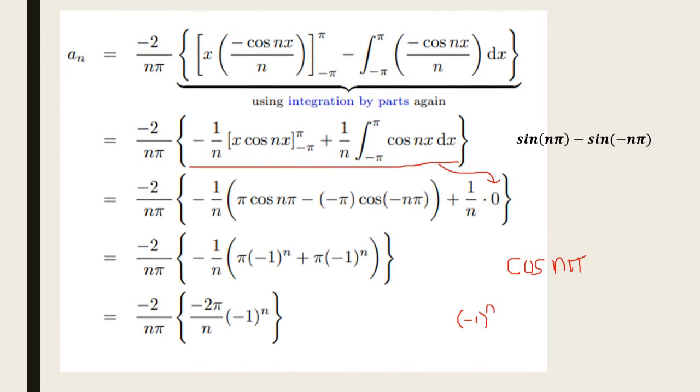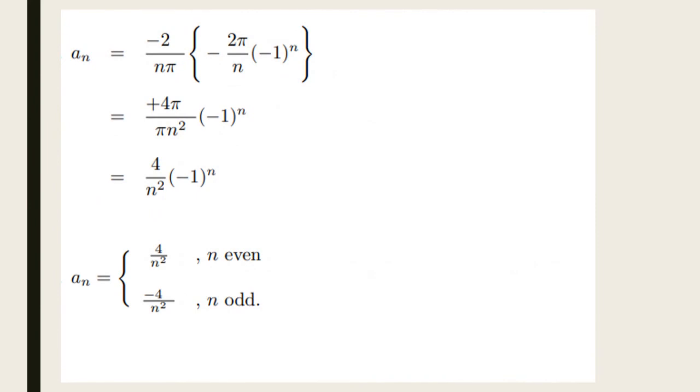So that's why we have here pi times negative 1 raised to n plus pi times negative 1 raised to n. Finally, we have negative 2 over n pi times negative 2 pi over n times negative 1 raised to n. In further simplification, we now have 4 over n squared times negative 1 raised to n.